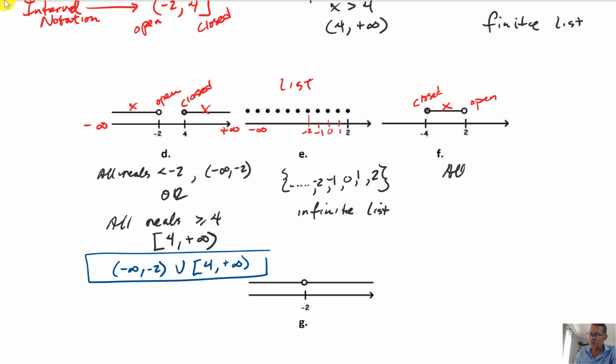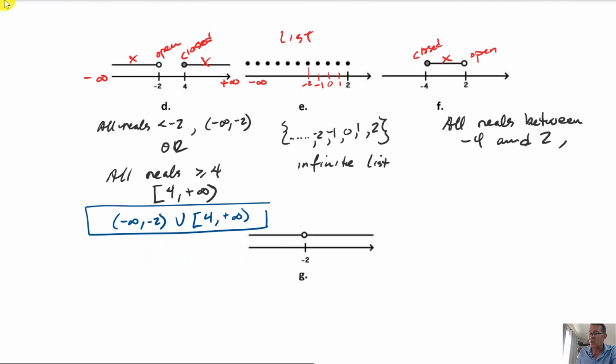So you say all reals between -4 and 2. Okay, and then you have to be specific here. We include -4, but not 2. So including -4 because it's closed, and not 2 because it's open. The way you write that in interval notation, you simply go closed at -4, comma 2.